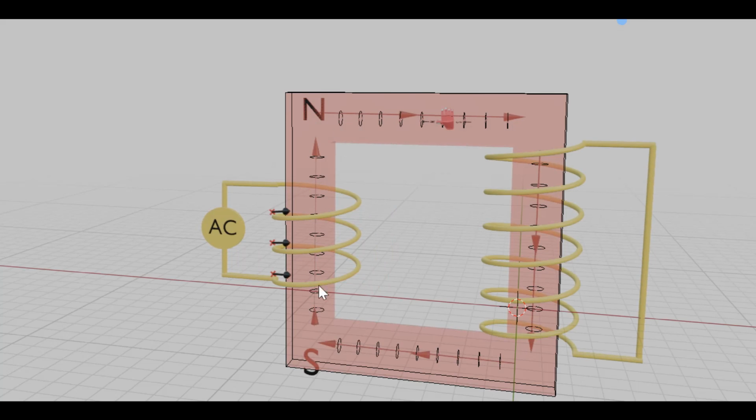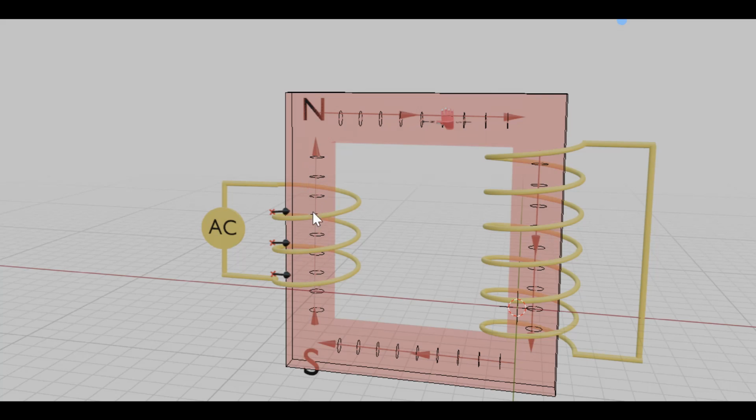There are some other things going on in the iron core that we'll explain later, but basically the magnetic field generated in this primary coil will also affect all the tiny magnetic domains of this iron core, because iron, of course, is a ferromagnetic material, which means its little magnetic domains can align with an external magnetic field, in this case caused by this electromagnet.